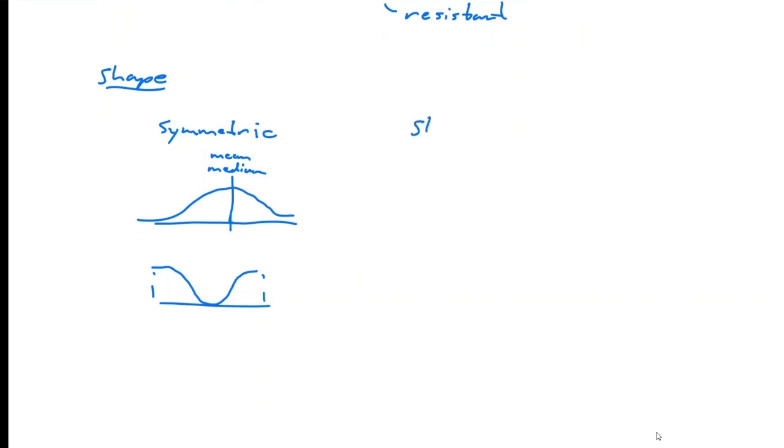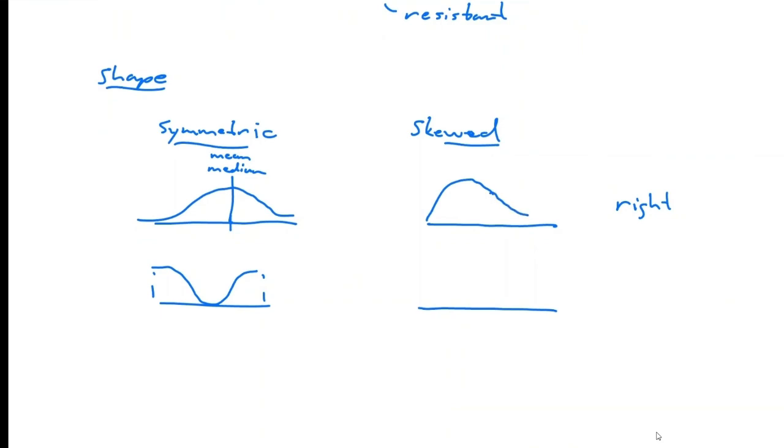However, if I have data that is skewed, there's two ways we can think of skew. We can think of skewed right. By the way, don't get confused by skewed right and skewed left. Skewed right, when we talk about shape, is really the direction that the data is being pulled. So to be skewed right means that my data is mostly on the left side, and then it's just being pulled to the right.